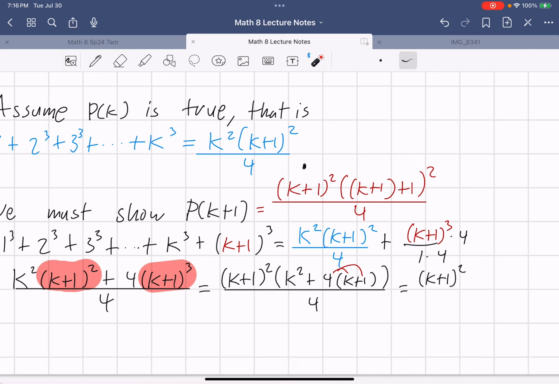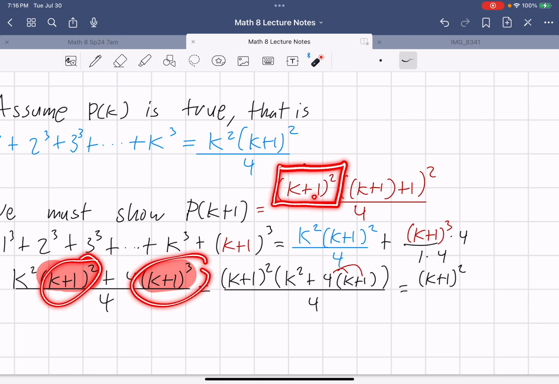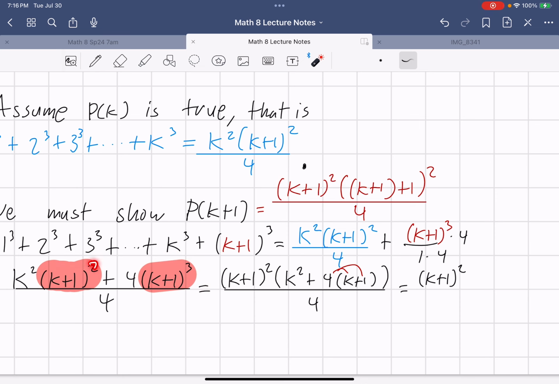And now if you're wondering why I would think of factoring that out, I see a k plus 1 squared here. If this one has 2 and then there's 3, if you remember factoring by GCF, I can at least take out 2. That inside then becomes k squared plus 4k plus 4, all over 4.